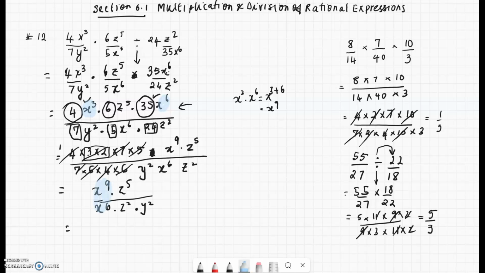These two can be combined by the rule of division of exponents. x to the 9 over x to the 6 is equal to x to the 9 minus 6, which is x cubed. Remember, the rule of exponents is what is being used here. So that's x cubed.